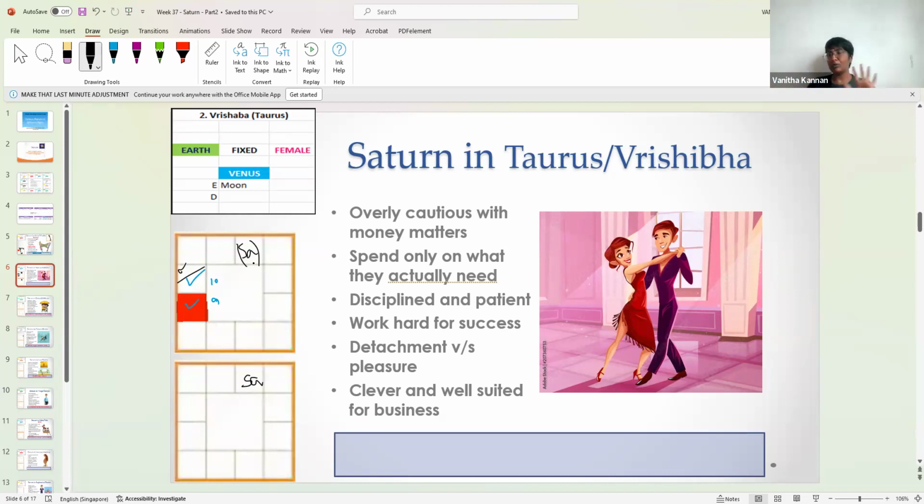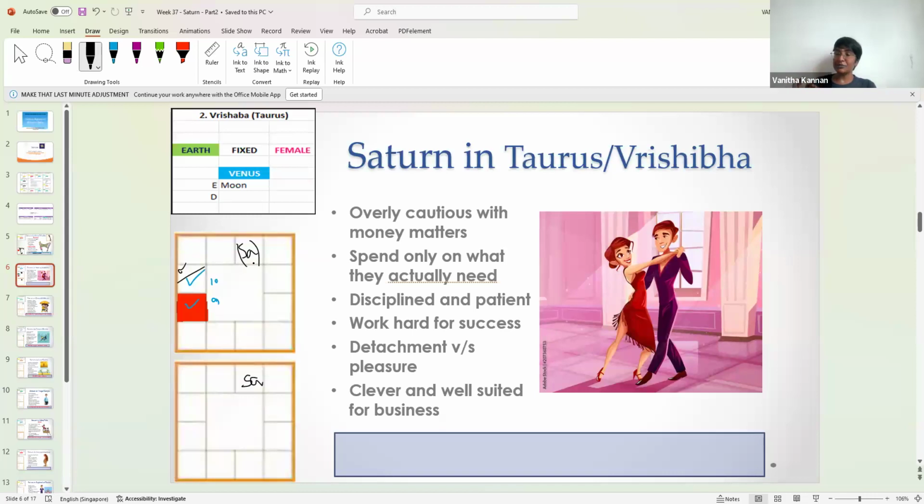Consider you were born in a different dasha. At that time your character was not like this. You were not frugal in nature. You did not handle money with care. You spent money lavishly, but still your Saturn was in the Rishaba.